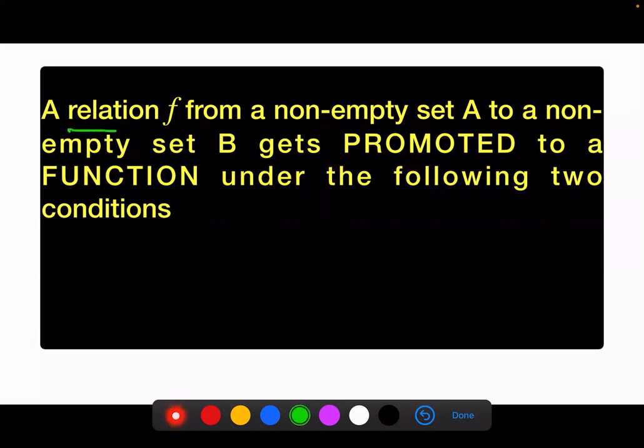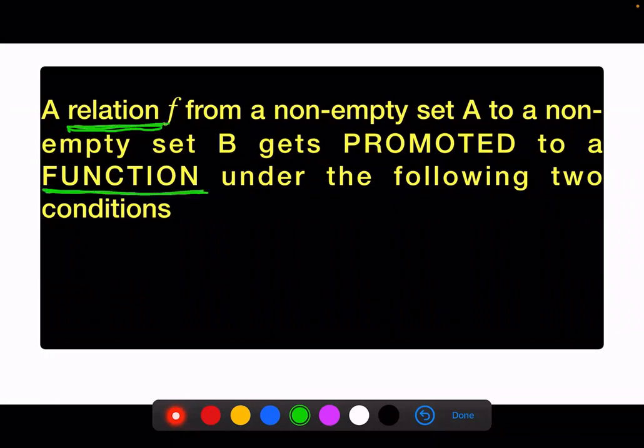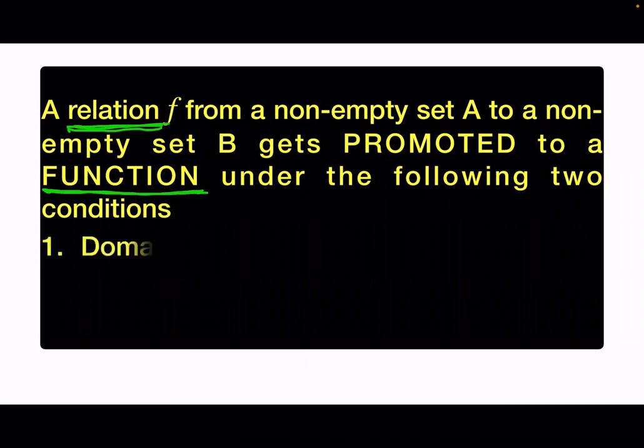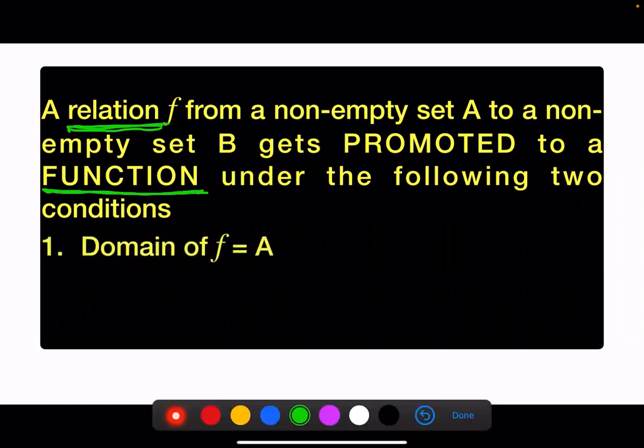A relation gets promoted to a function under the following conditions. So what are the conditions? Number one, we are using all the elements of set A. Now क्या होगा? In the earlier examples, your domain need not be your source set A. But if your relation is a function, your domain must be your source set.